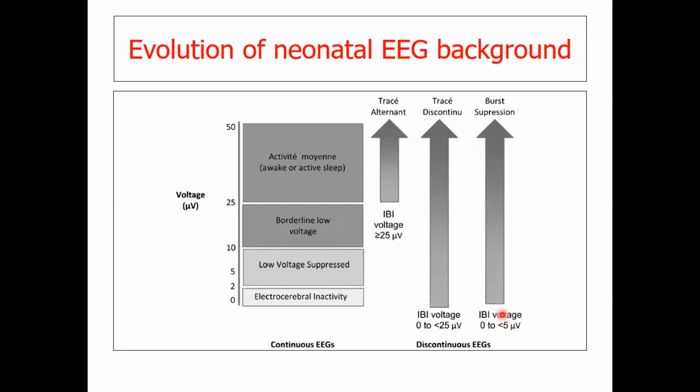This is a very complicated looking slide, but it has been taken from a standard neonatology textbook. Just remember that these terms, trace alternance, trace discontinue, and burst suppression, refer to periods of discontinuity in the neonatal EEG, and it is an evolution, and I'll show in the next slides how it evolves.